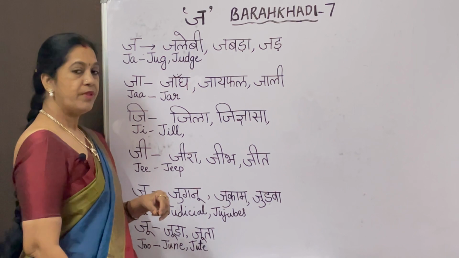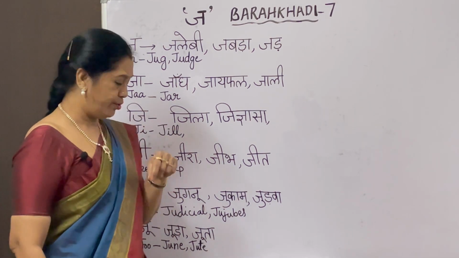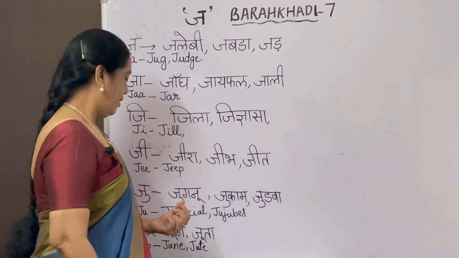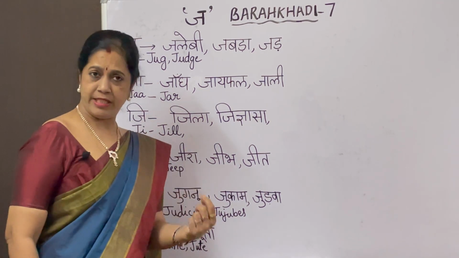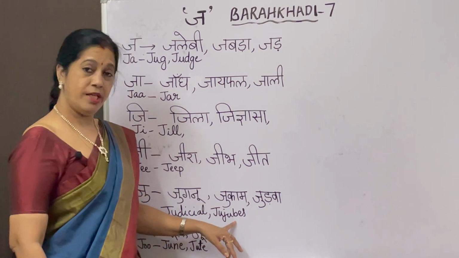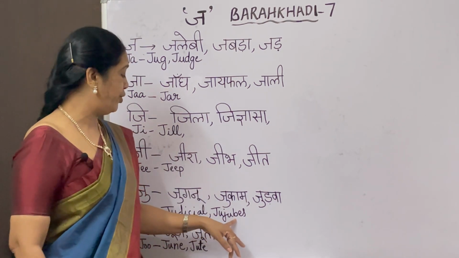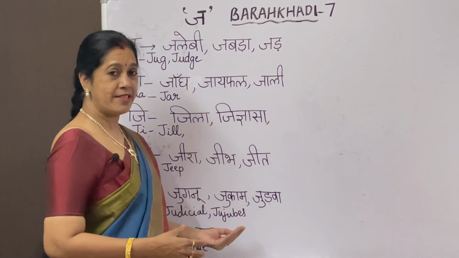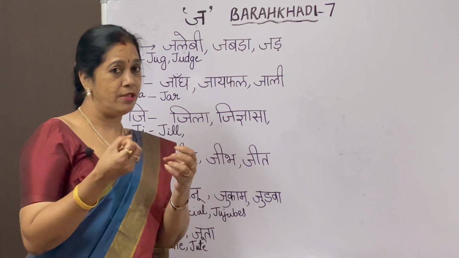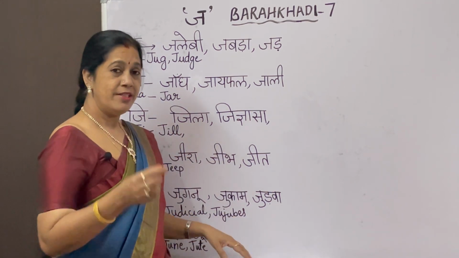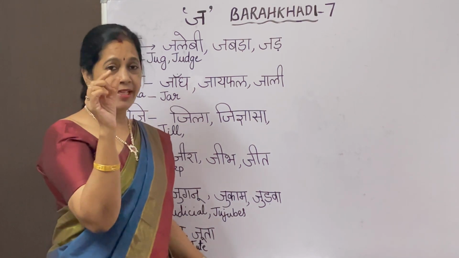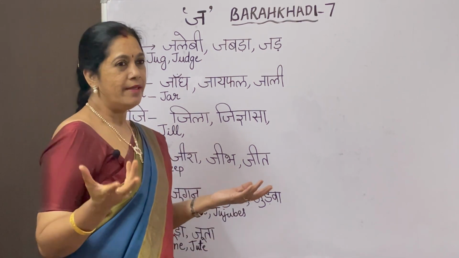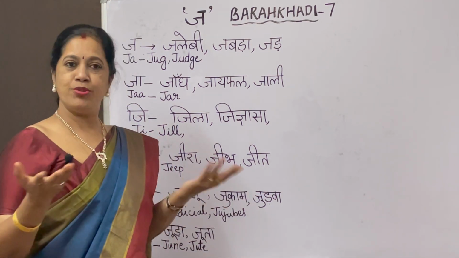The next one, the short ju. I've given little tough words in English: judicial, judiciary. But one word, I don't know how many of you know this: jujubes. When I was a kid, I used to love these. It is like a jelly, marshmallow, a small sugary jelly with sugar on top. I hope people my age would have enjoyed it.